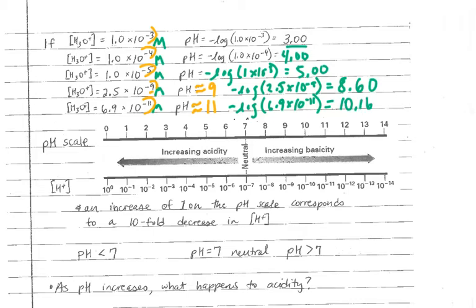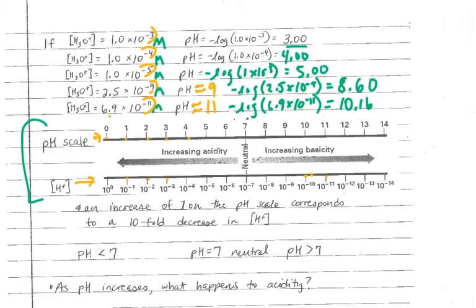And this makes sense because if we look at this diagram down here, the concentration of hydrogen ions is on the bottom and the pH value is on the top. So for each pH value that we move, we're actually decreasing the concentration of hydrogen ions tenfold. But if we look up a concentration of 6.9 times 10 to the negative 11th, that would be somewhere between 10 to the negative 10th and 10 to the negative 11th.